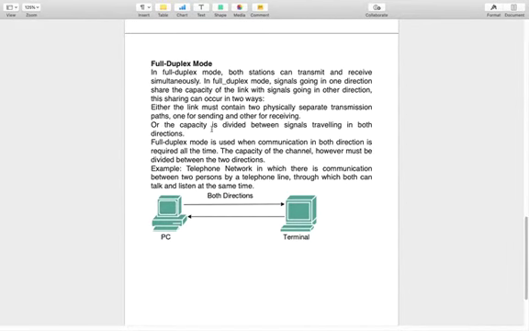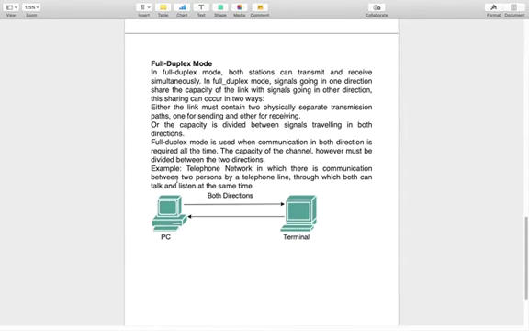Or the capacity is divided between signals traveling in both directions. Full duplex mode is used when communication in both directions is required all the time. The capacity of the channel, however, must be divided into both directions.